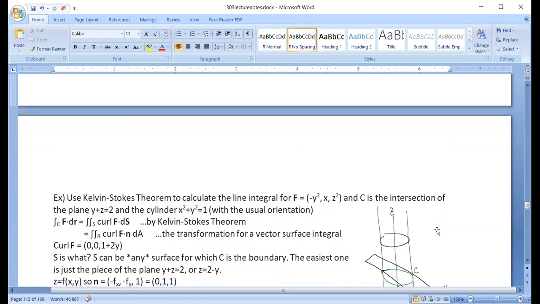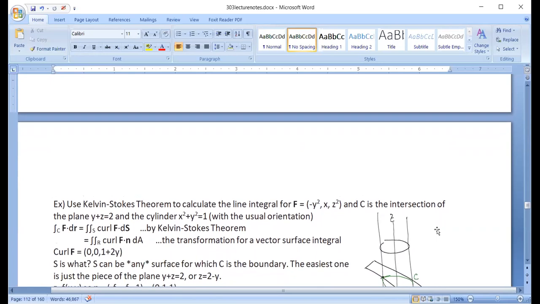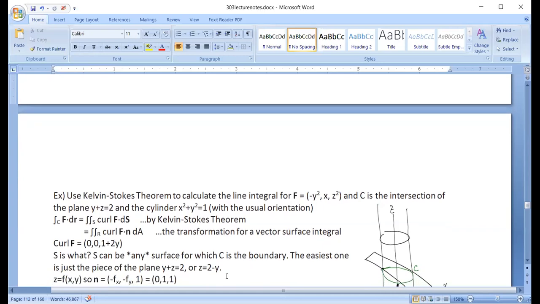So we can describe our surface using the formula y plus z equals 2, which we can rewrite as z equals 2 minus y. Knowing that, it's now very easy to write down the normal vector. Z is a function of x and y, so we can use the shortcut formula: the normal vector is negative df dx, negative df dy, comma 1.